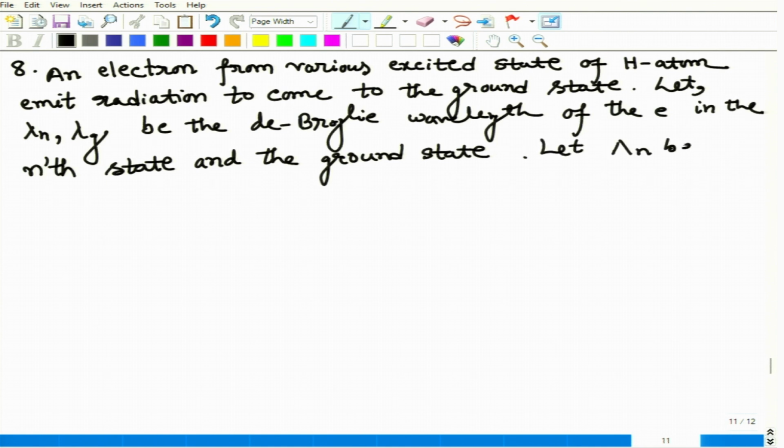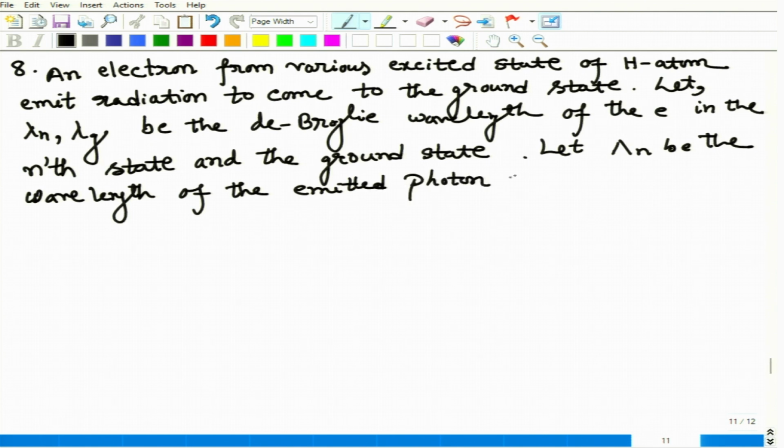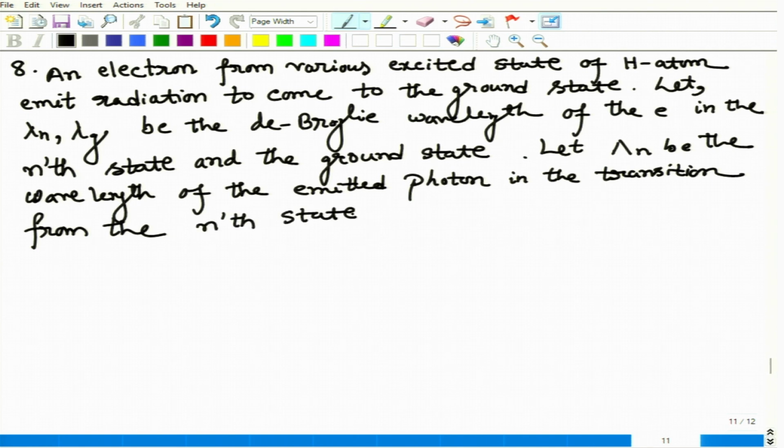Let lambda n be the wavelength of the emitted photon in the transition from the nth state to the ground state.